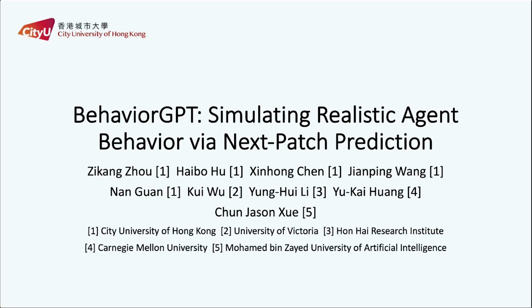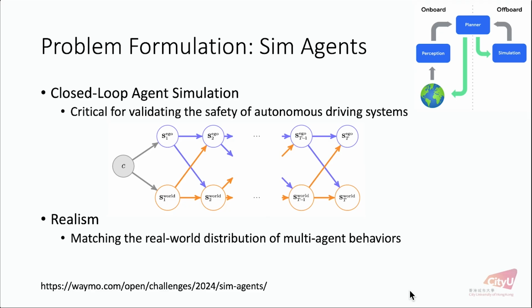In this talk, we introduce BehaviorGPT, a decoder-only autoregressive transformer that simulates agent behavior via next patch prediction. Validating the safety of autonomous driving systems via simulation has become more and more attractive, which enables rapid testing in diverse driving scenarios simulated at low cost.